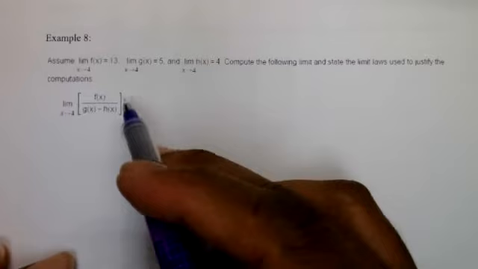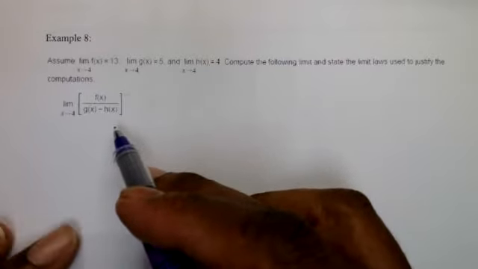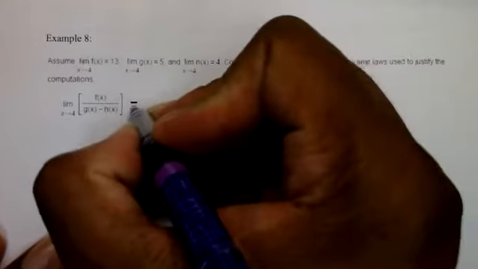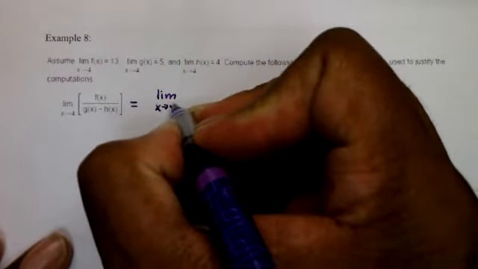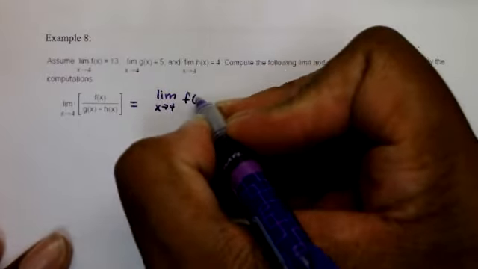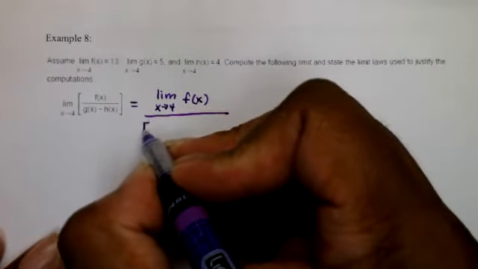Okay, well, notice we got a numerator and a denominator. So let's start off by using the quotient law. Well, we're going to do the limit as x approaches 4 of the numerator, f of x, divided by, and then the denominator.